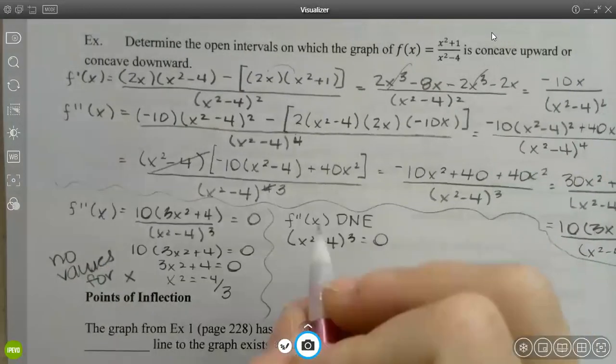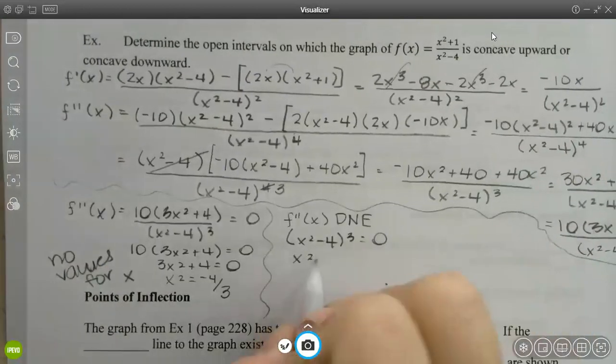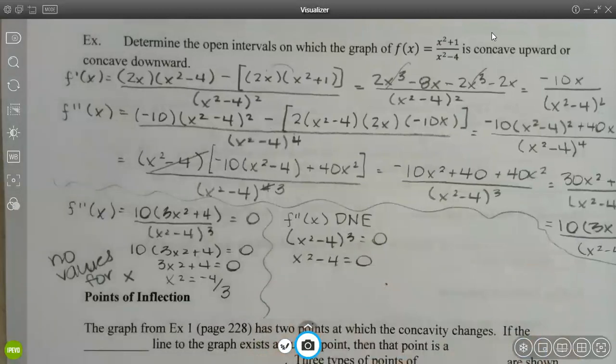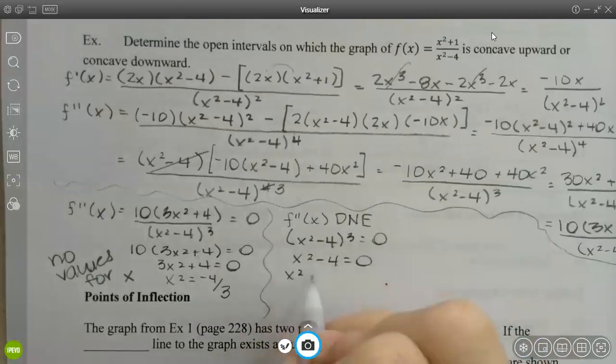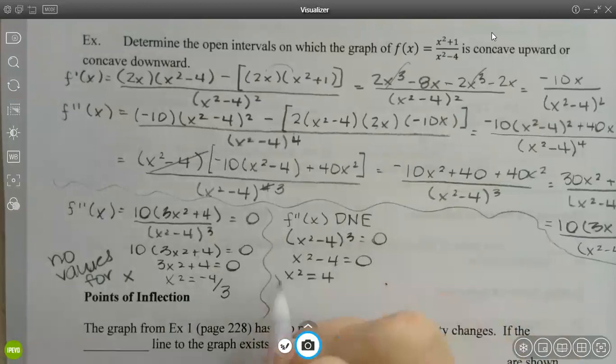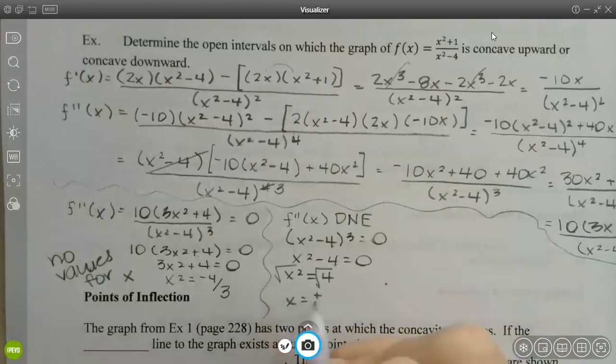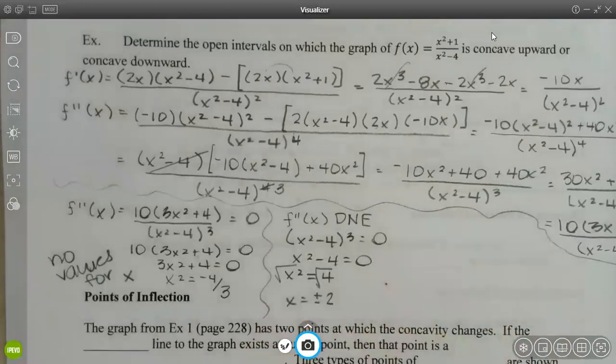We're going to cube root both sides, still going to give us 0. We're going to add our 4, square root, and we get positive and negative 2. Make sure that they didn't give you an interval that you don't need to use one of these for. They do not. So you're good to go.